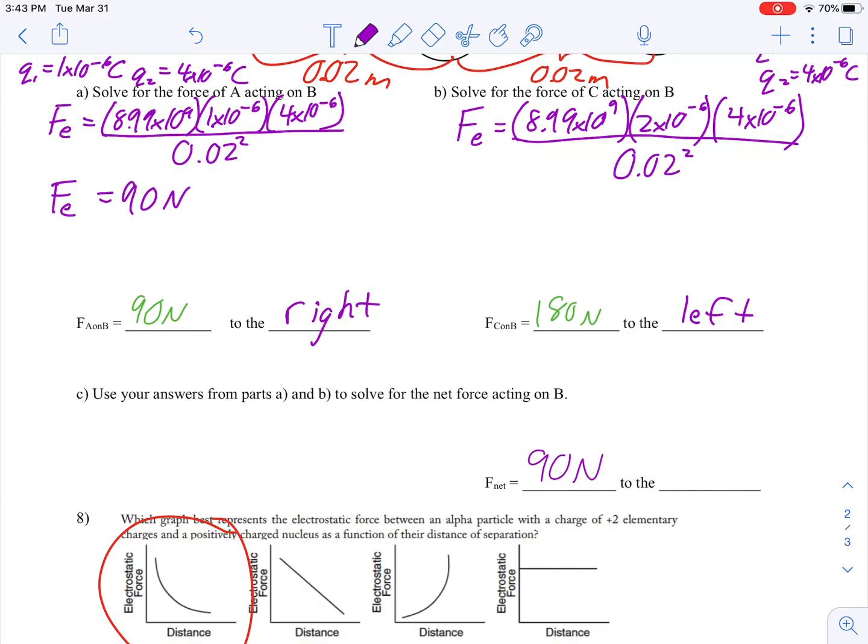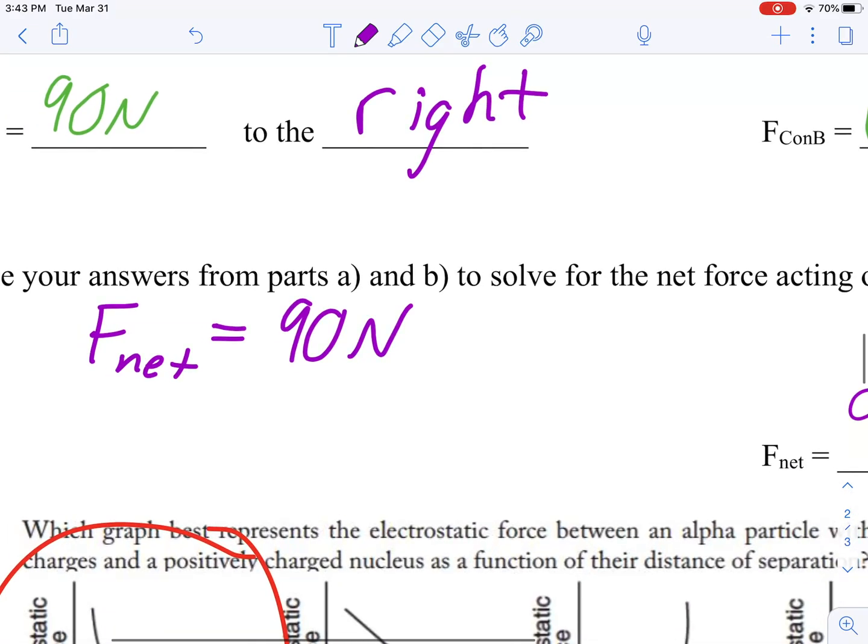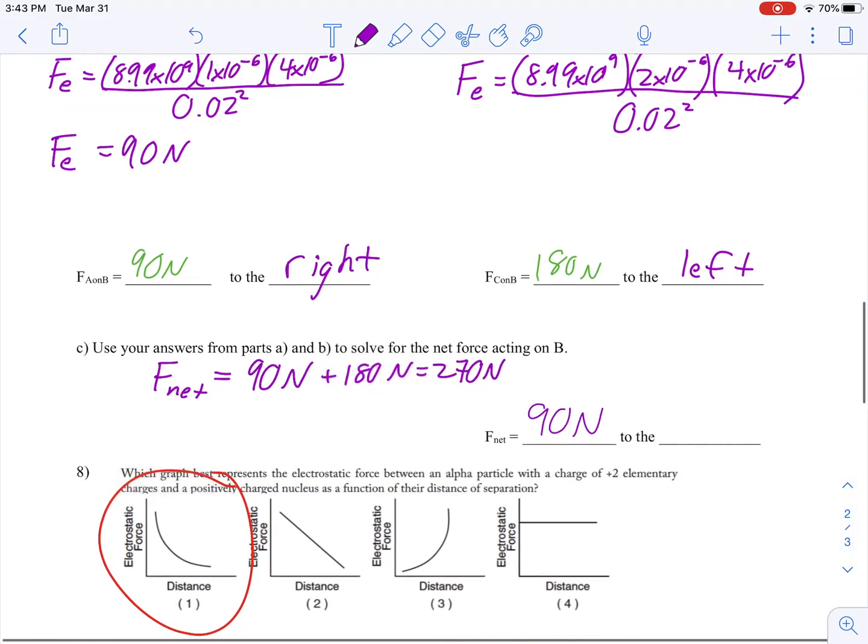It says use your answers from A and B to solve for the net force acting on B. So F net equals 90 newtons, right? F net is the sum of all the forces acting on it, plus 180 newtons. So that's 270 newtons, should be our net force.